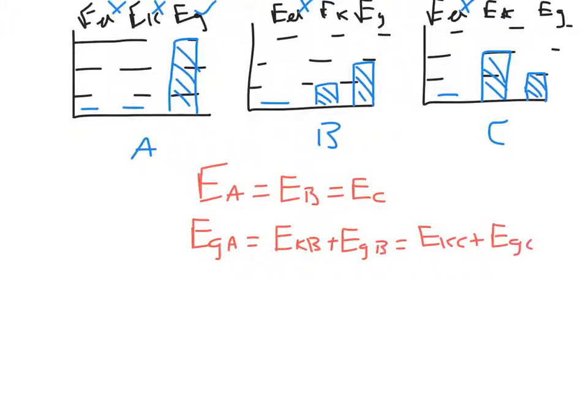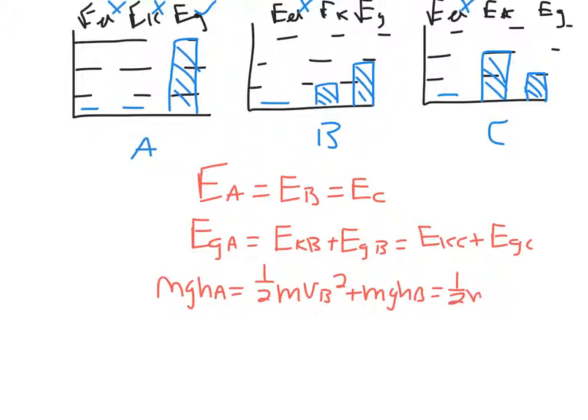Now the equations for each of these, EG is mg height, so this is mg, height at A, your subscripts are really important here, equals 1/2 m v at B squared plus mg, height at B, which equals 1/2 m v at C squared plus mg, height at C.